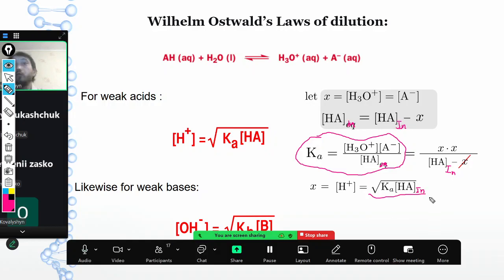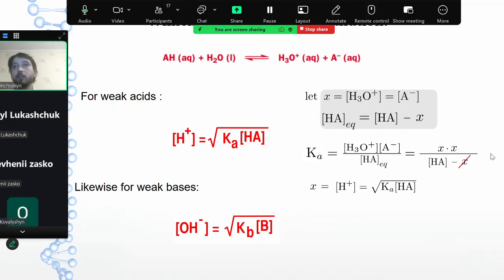It's really good because we know the initial concentration, and you can calculate how many H plus ions will be created, what their concentration will be, if the acid has parameter Ka. These are all measurable parameters, so you can just grab a table that contains all these Kas, pKas, and so on, and look up your acid of interest.